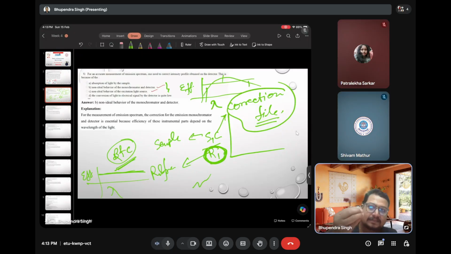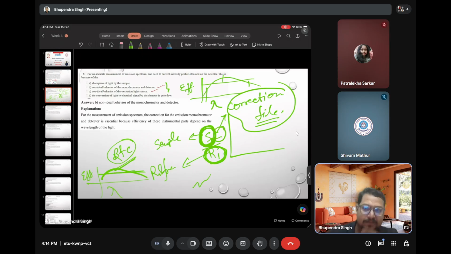It basically disperses the light, but the efficiency of dispersing the light is not constant. So it also behaves like this. That is why we have to correct our emission profile or emission spectrum. So this is the correction file, and this is the signal we have observed in the detector of the sample.